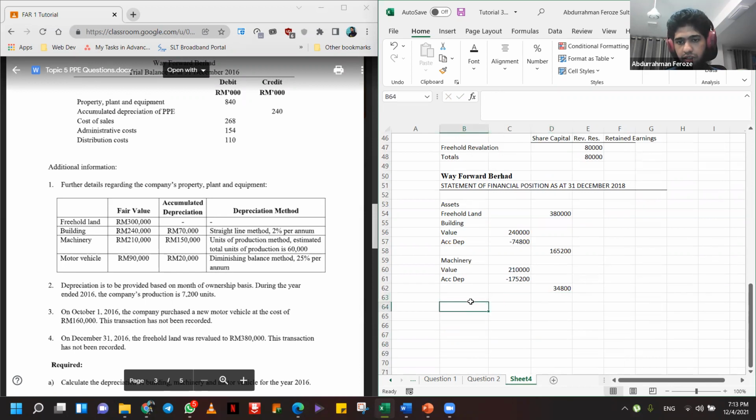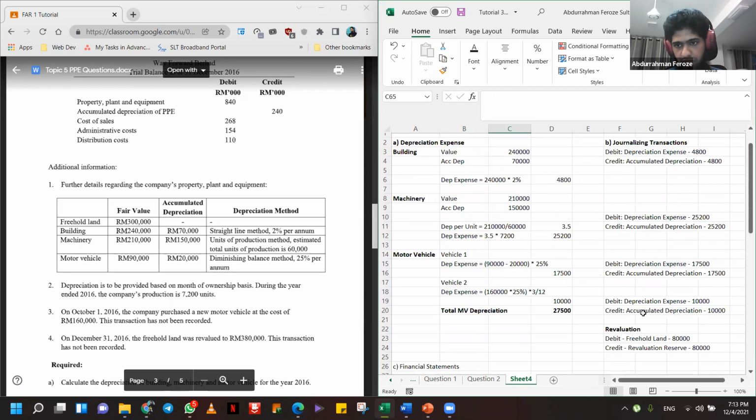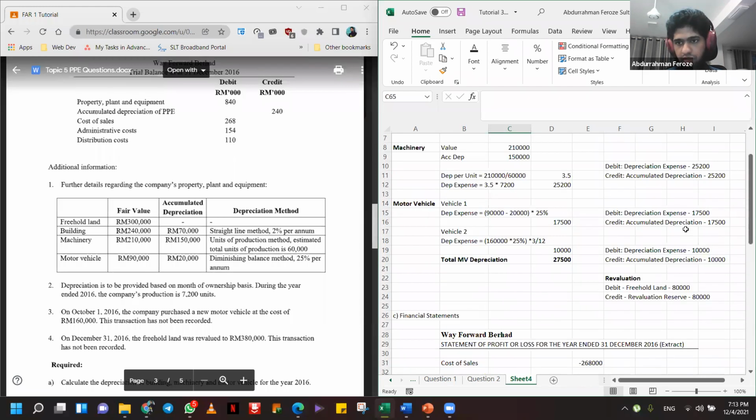And then we have, where is it? 200, yeah. Then we have motor vehicle 1. Then we have value, which is 90,000. Then we have accumulated depreciation, which is 20,000 plus 17,500, 70,500.